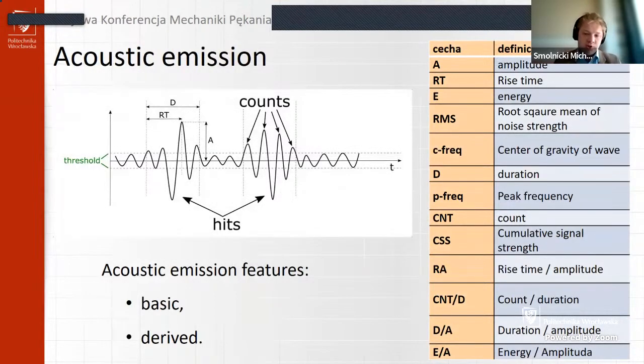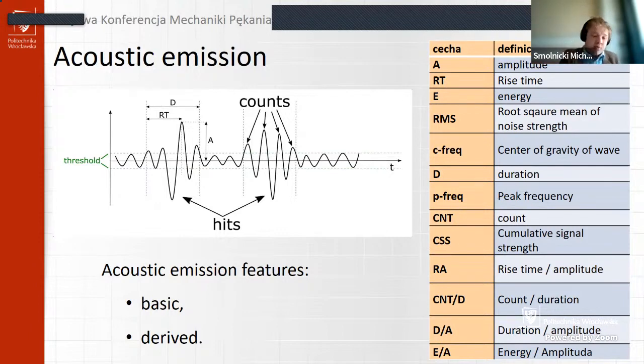So first, acoustic emission, what we really have from the experiment. If you are not very familiar with acoustic emission, basically we register waves. We register, you can say, the sound, but it's really an elastic wave, and we register its properties. Or rather, we have some features of this wave, which is simpler to store and simpler to process.